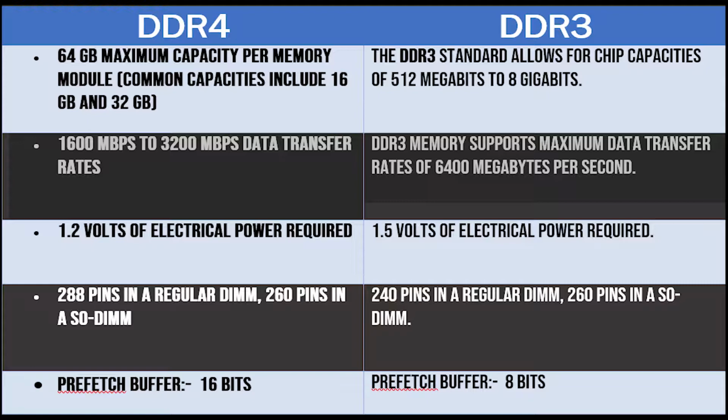The prefetch buffer is 16 bits. Sorry, I interchanged them. DDR4 has a prefetch buffer of 16 bits, and the DDR3 has a prefetch buffer of 8 bits. Sorry, it's my mistake.